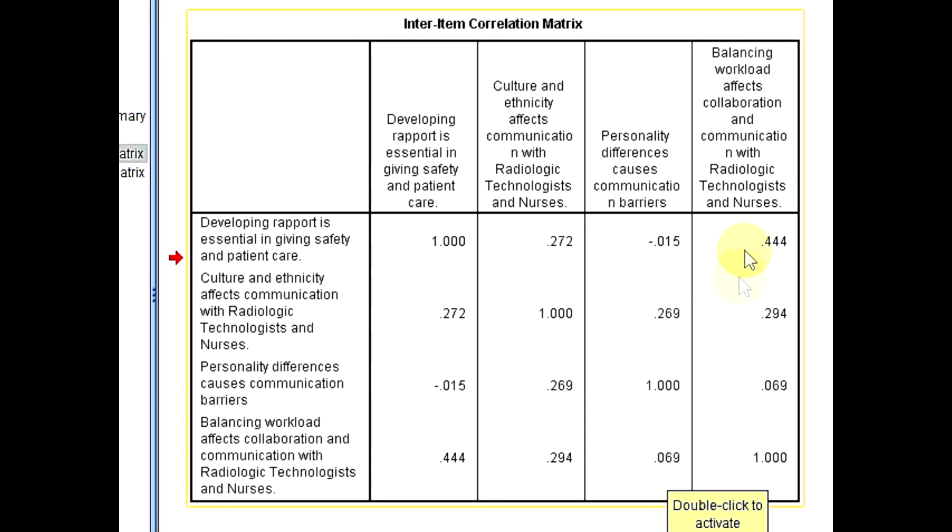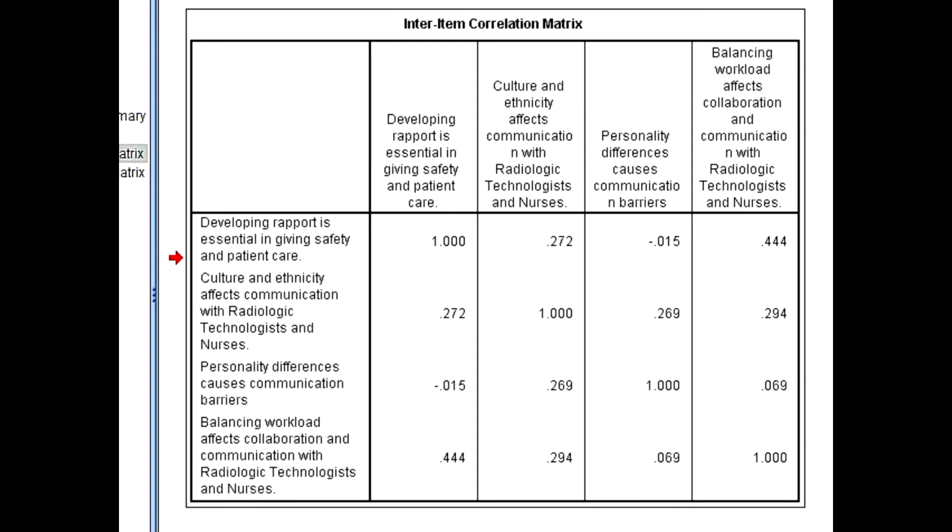So if this were a psychometric evaluation or a development of a questionnaire or a test material, then you will have to decide whether to remove question number 3 because it simply does not fit with the rest of them. Okay, so those are the decisions that you have to make early on, right?